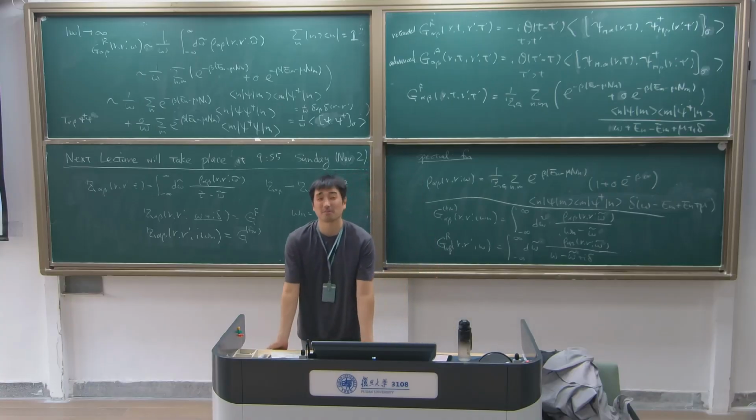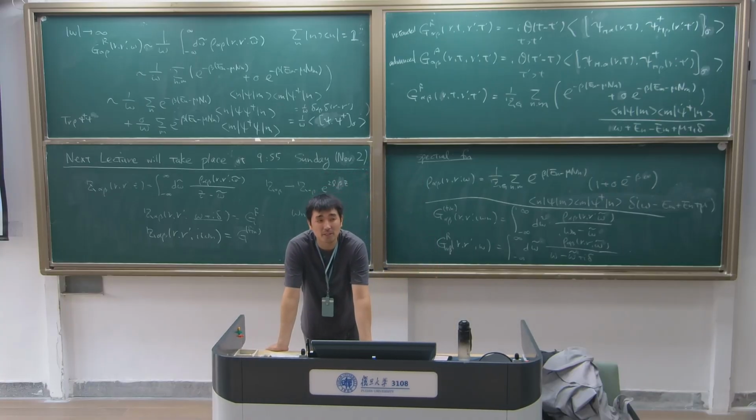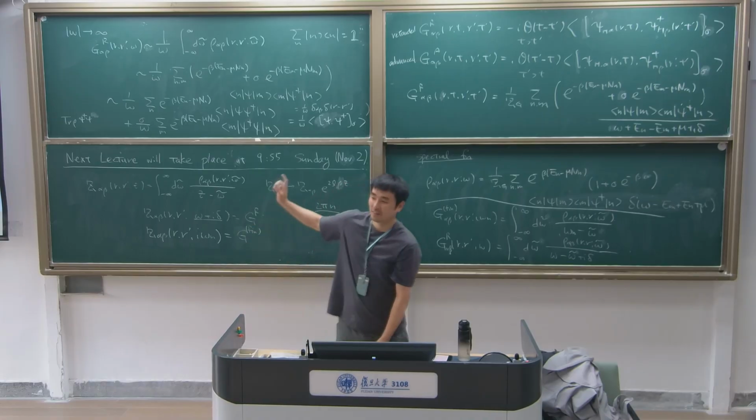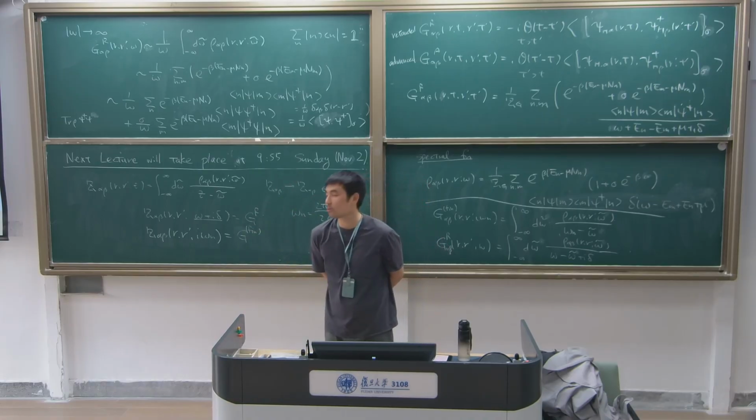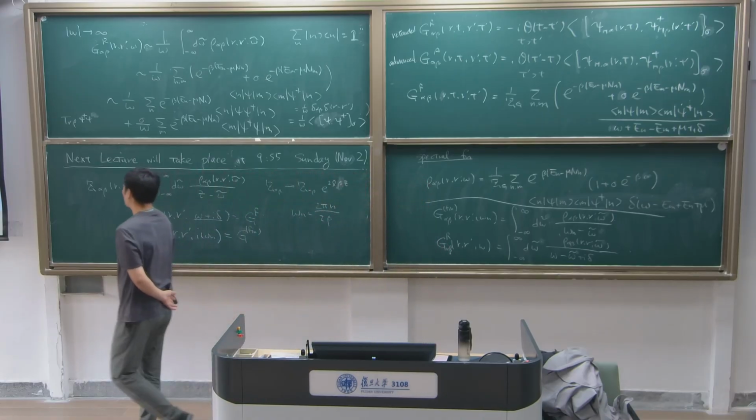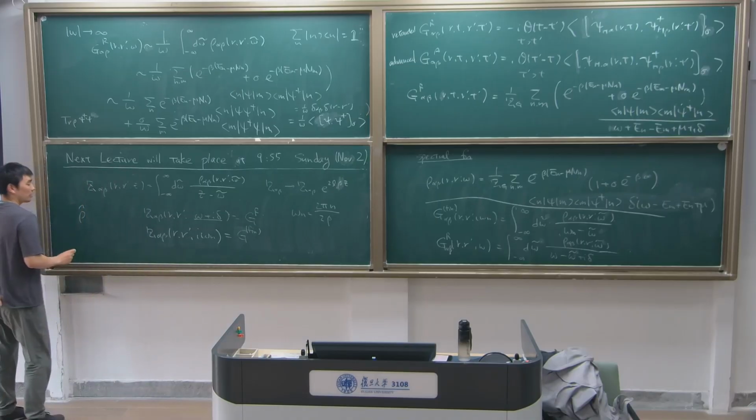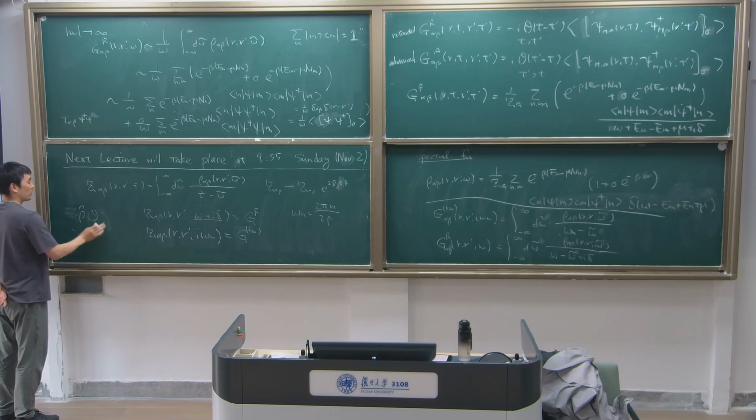The retarded Green function will briefly appear even in the BCS theory. So I just prepared to repeat this theory. And also, we already introduced density functions into density matrices and operators. The trace over the system will give you the expectation value.